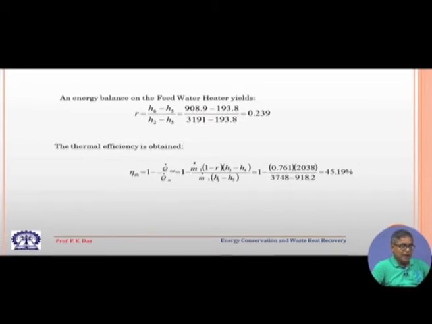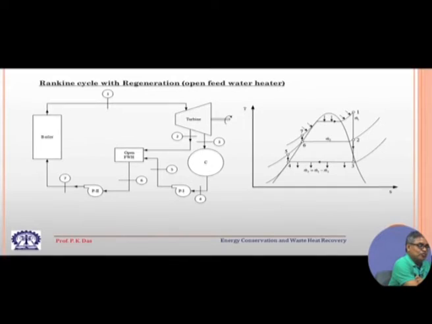heating. It would be a good exercise that you do not consider any feed water heating. Assume that the entire mass of steam is expanding through the turbine, and this pump is raising the pressure from P 4 or P 3 up to P 1 or P 7, and then you do the cycle calculation and see what efficiency you get.